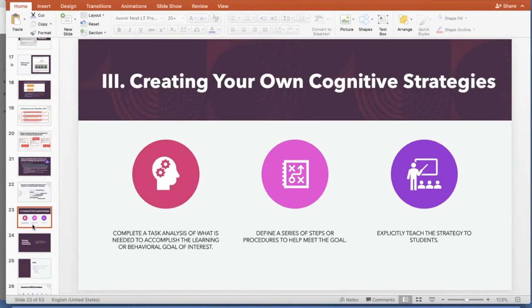The first one is completing a task analysis to break down the skill or the procedure or the concept that you want to teach with a strategy. The second step is defining your steps or procedures that students are going to use to complete the strategy and reach their goal. And the third step is explicitly teaching the strategy to students. So we're going to work through all of these with an example and see what this can look like.